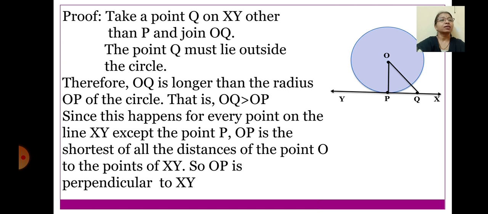Therefore radius OP is perpendicular to tangent XY at point P. So from this theorem, we can frame the statement that the radius is perpendicular to the tangent at its outer end, or you can say the radius is perpendicular to the tangent at the point of contact. Both are correct.